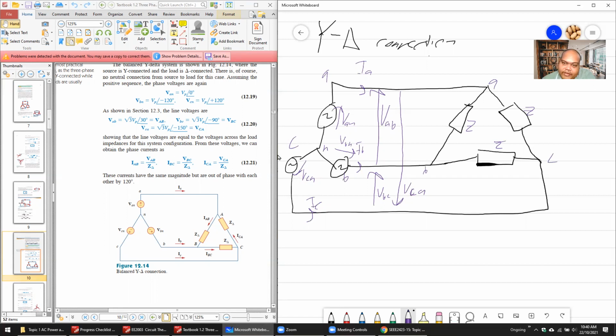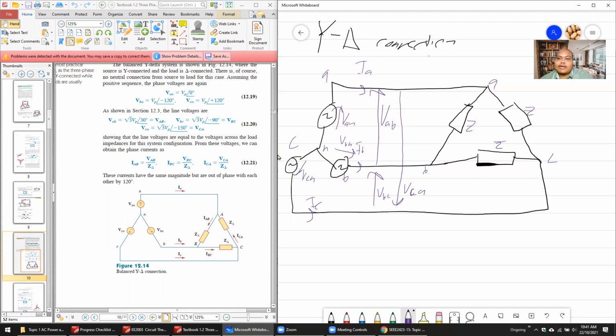Because you have delta, previously I said that for the star connection, the phase voltage and line voltage are different, but the current is the same. For the delta connection, the voltage for the phase voltage and line voltage is the same, but the current is different.